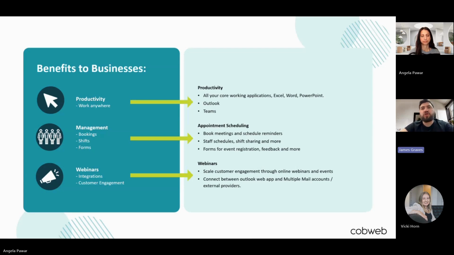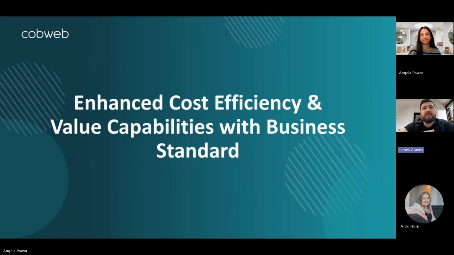MailChimp's just one such example, but there is a whole host out there of different things that you could integrate your Outlook web app directly into, and in turn create a little bit more of a powerhouse of a product for you guys in terms of perhaps lead generation, newsletters, whatever that may be that's important to you and the business. Next slide, please, Angela.